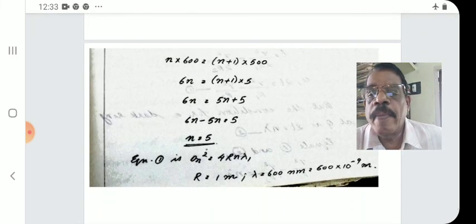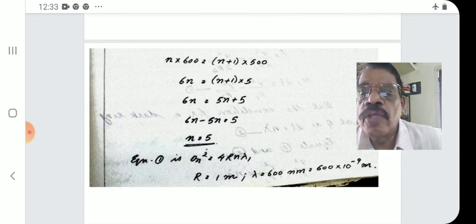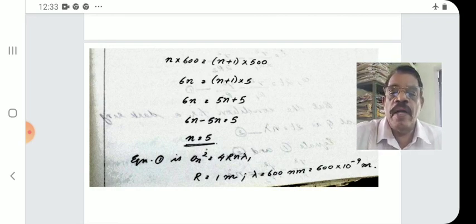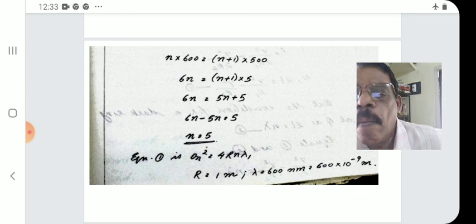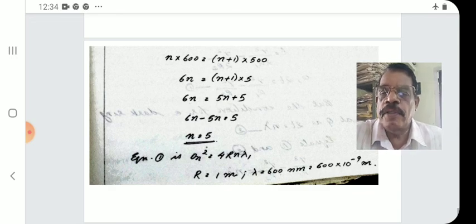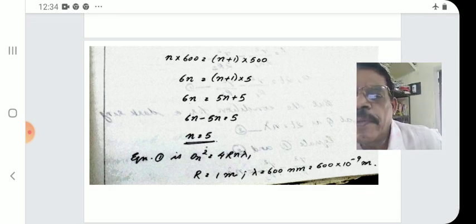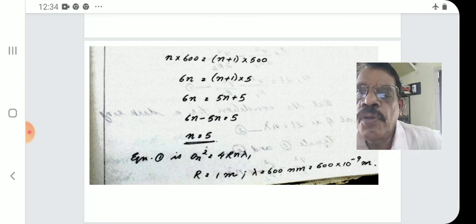dn square is 4r n lambda 1. Put r as 1 meter, n is the fifth ring, lambda 1 is given. n is 5 we have determined.